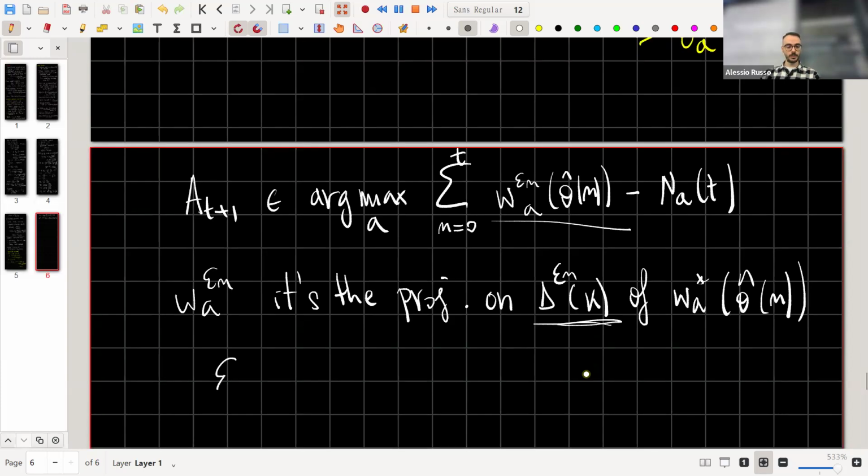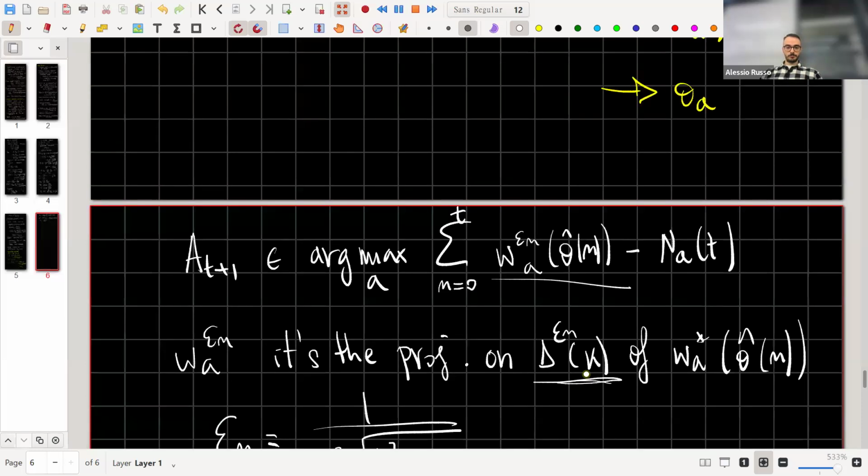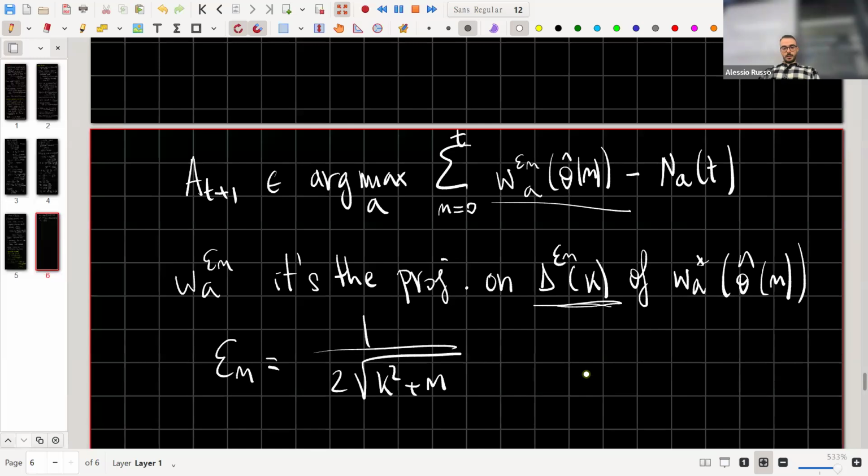We will choose epsilon_n to be equal to 1 over 2 times the square root of K squared plus n. So we do the projection, and we can guarantee that the minimum value of w_A here is at least bigger than or equal to epsilon_n.